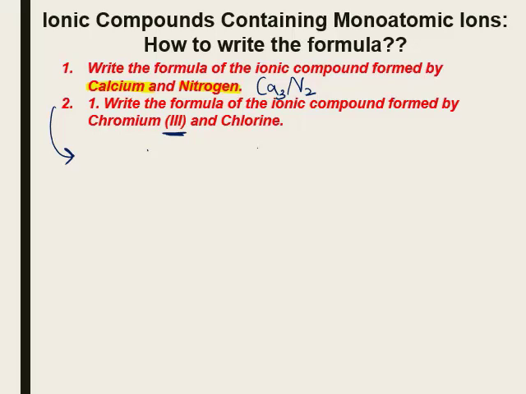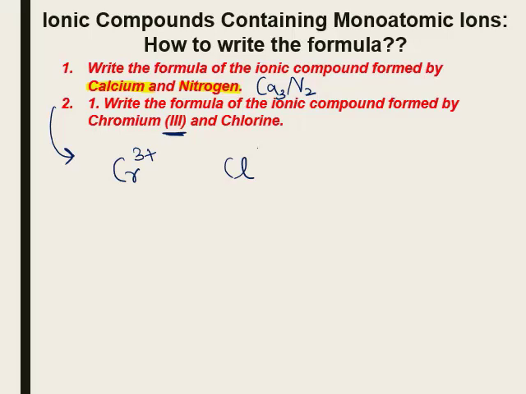So our cation is chromium, the formula of chromium is Cr, and the anion is chlorine. Because this is a variable charge metal, we don't need to look at the periodic table to figure out its charge. The Roman numeral is telling us that the charge on chromium is 3 positive.